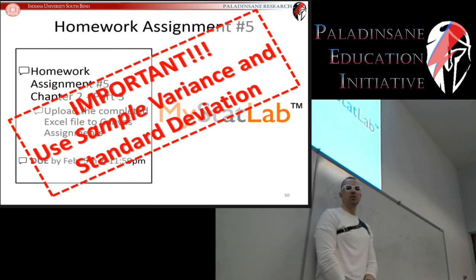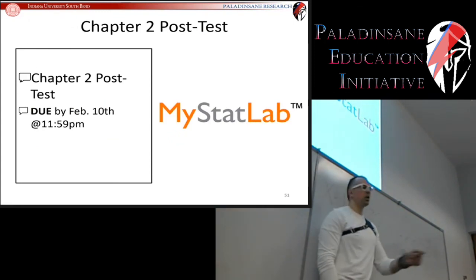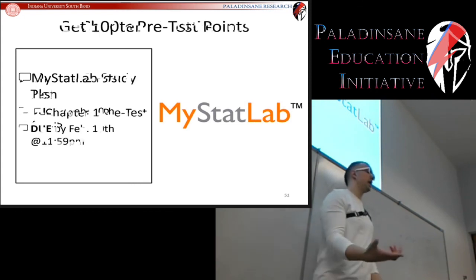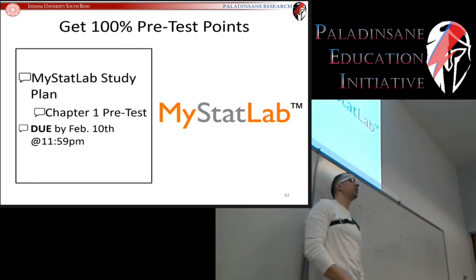The Chapter 2 post-test is due by February 10th by midnight. And also, if you are taking advantage of the MyStatLab study plan, if you're earning mastery points to substitute in for your pre-test scores, the deadline to earn those mastery points is midnight before the day of the exam.